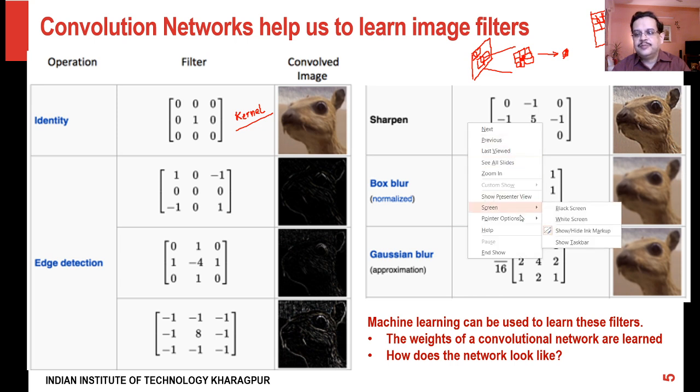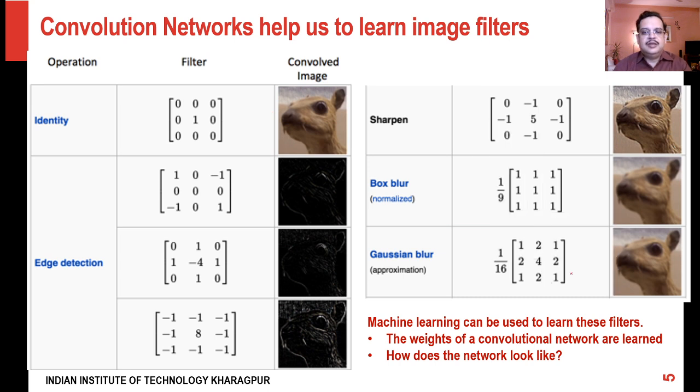So the first kernel that you see is the identity, which means that you can try this out for yourself. If you take the convolution of this, which just has the central pixel as 1 and all the other pixels are 0, then for whatever 3 by 3 block you took, it is only this one which will have a non-zero coefficient 1.